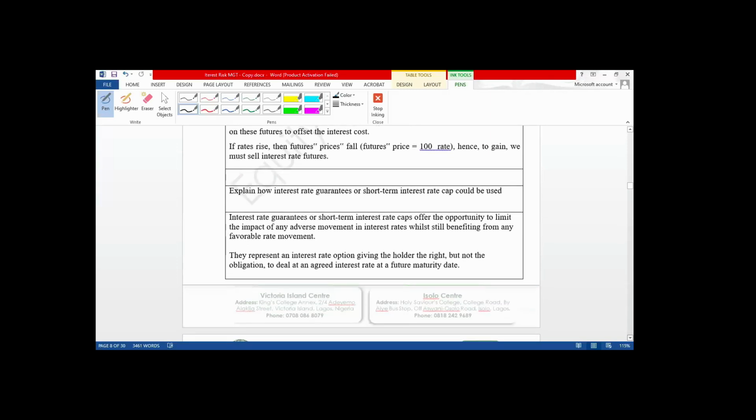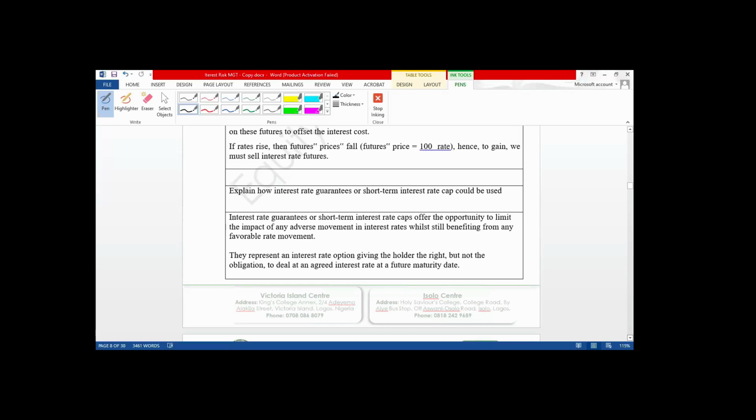How are they different from forward rate agreements? Interest rate guarantees or short-term interest rate caps offer the opportunity to limit the impact of any adverse fluctuation in interest rates.